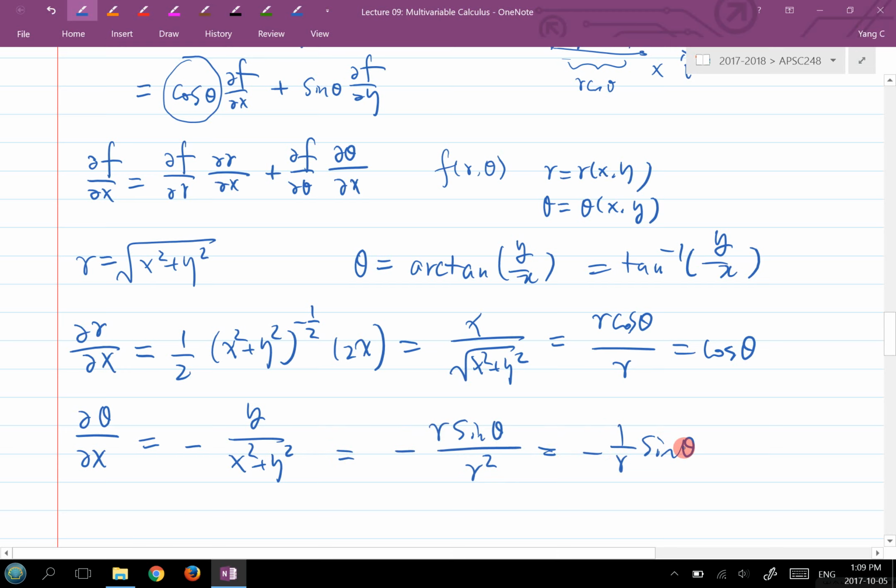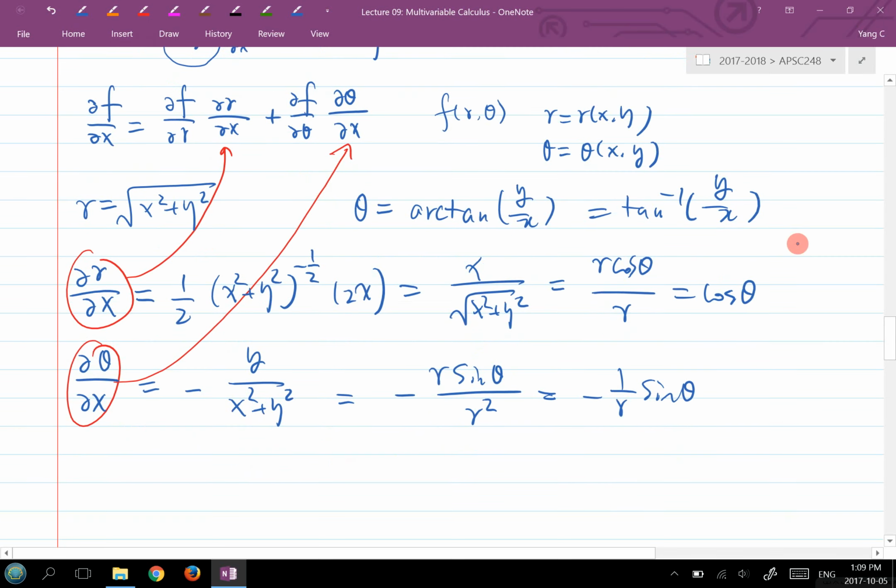Okay, so once we find these two, we can simply substitute back here and here, and I can get the partial f over partial x now.